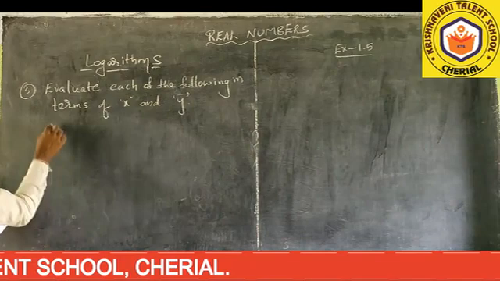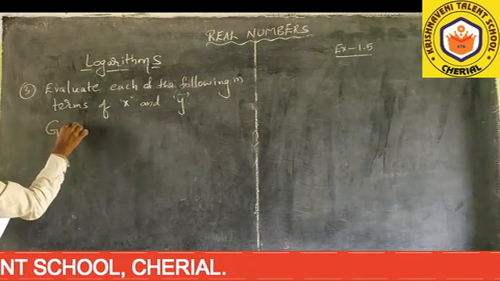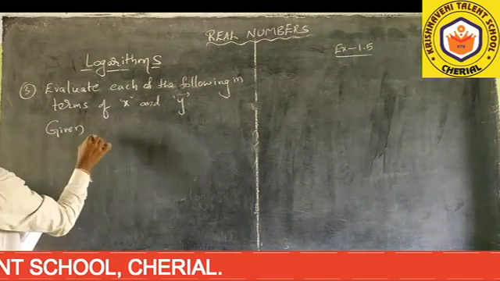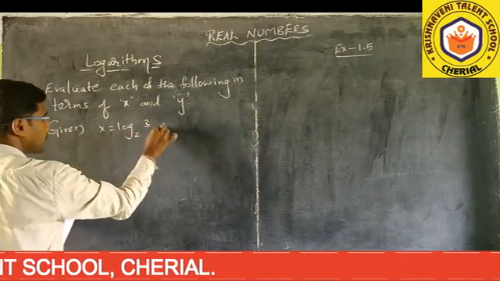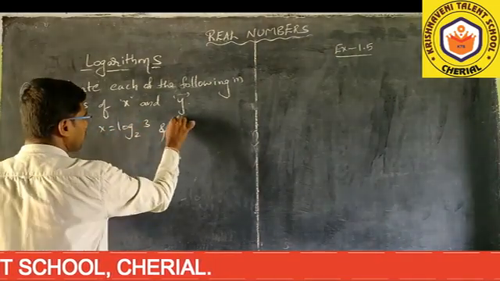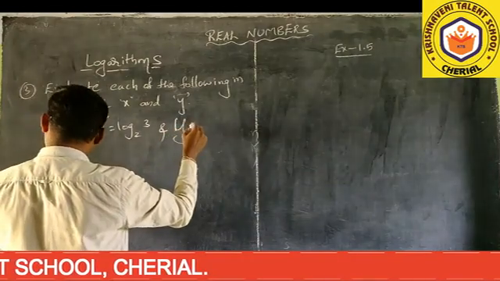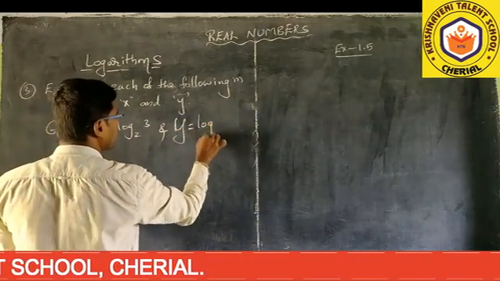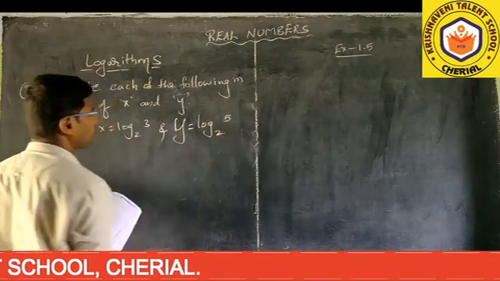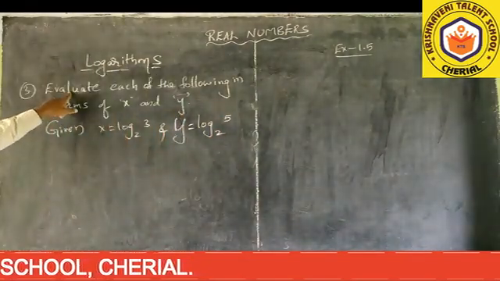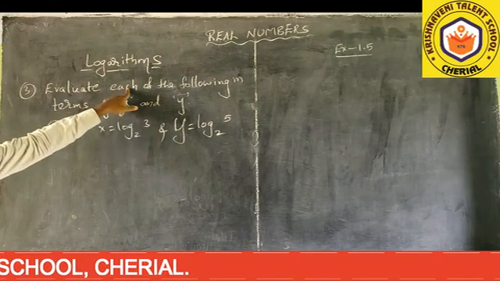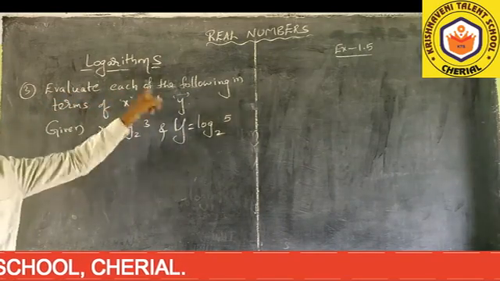And what is given there? It is given that x equals log 3 to the base 2 and y equals log 5 to the base 2. These two are given. What is being asked? Here he has given some problems and asked to evaluate each of the following in terms of x and y.